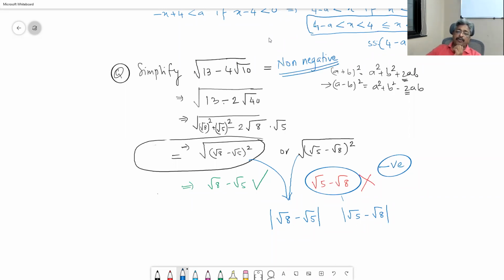But root 5 minus root 8 is a negative quantity because root 8 is greater than root 5. Therefore, if you write this, it is wrong. It has to be root 8 minus root 5. Any questions? The answer must be root 8 minus root 5 and not root 5 minus root 8.